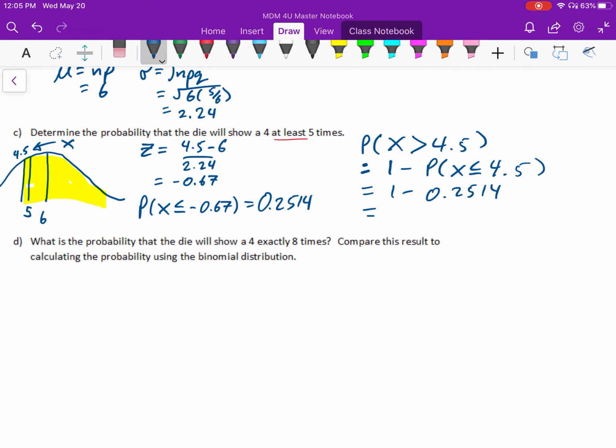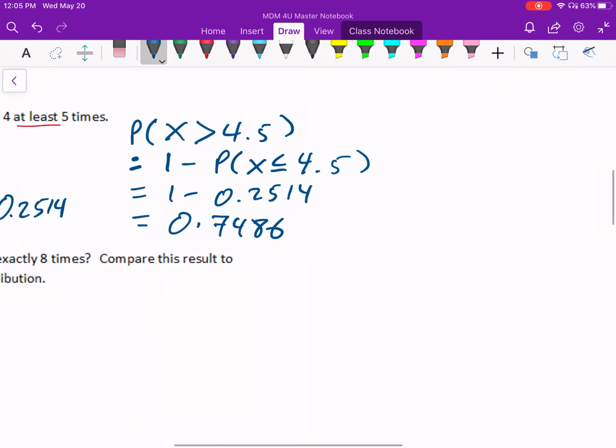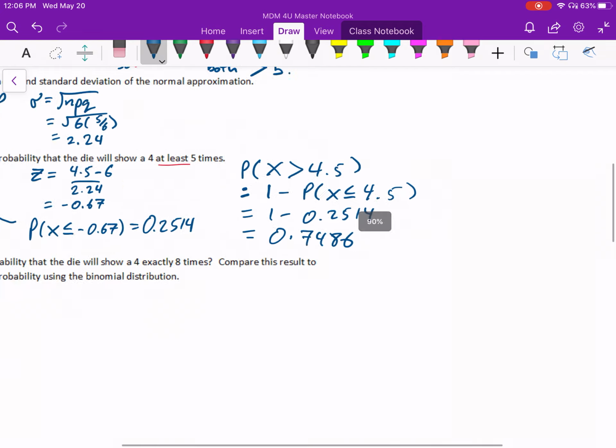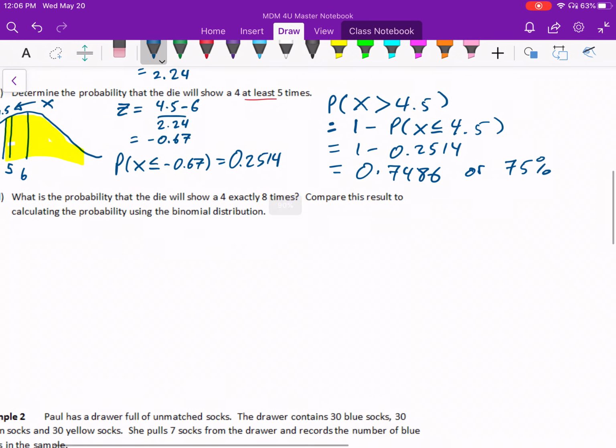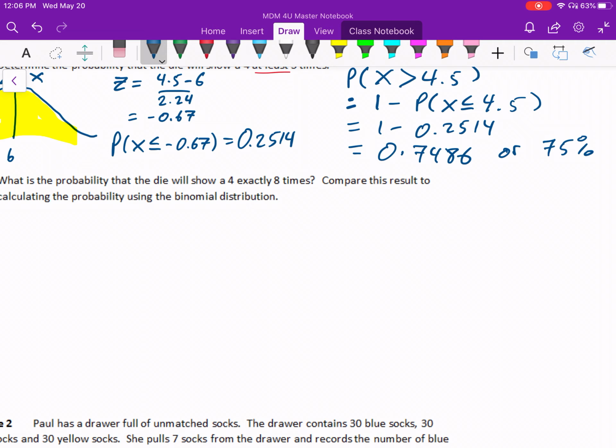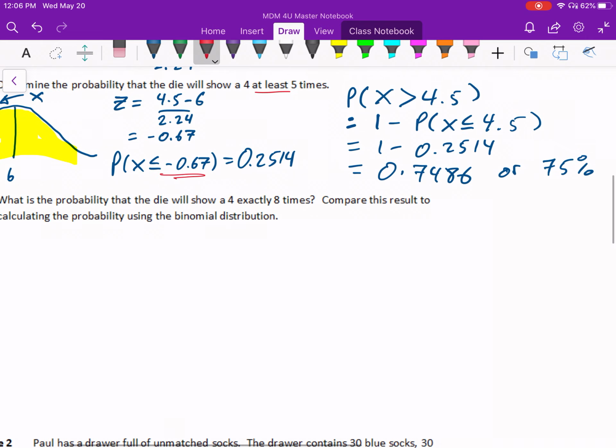Which works out to be 0.7486. So we have a probability of 0.7486, or approximately 75% probability of getting at least 5 4s when we roll. The one thing I wanted to clear up is that it's a bit confusing where I wrote that x is less than negative 0.67. That's not true. It's the z-score associated with it.